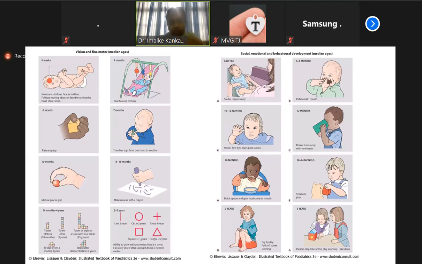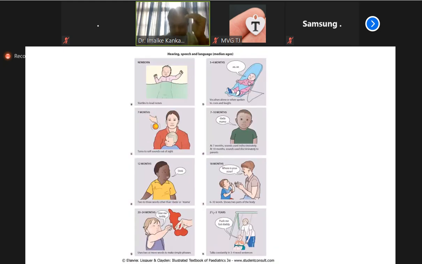So I have put social, emotional, behavioral development as the third component rather than speech, hearing, language, because I don't think we can objectively do these things in exam, like these distraction tests.